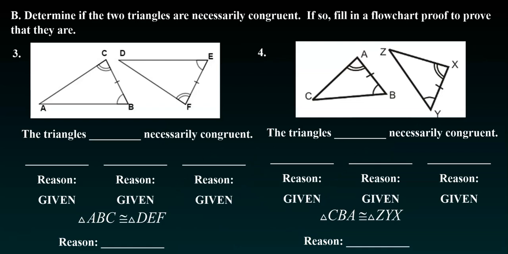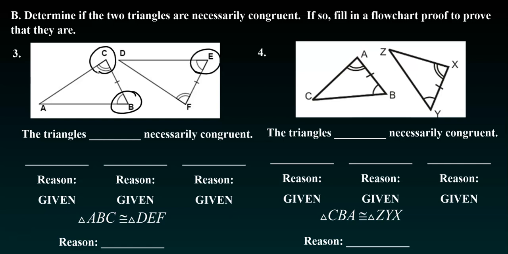Determine if the two triangles are necessarily congruent. If so, fill in a flowchart proof to prove that they are. So looking at the two triangles here, we have this angle and that angle are congruent.